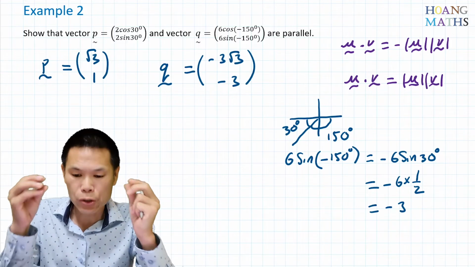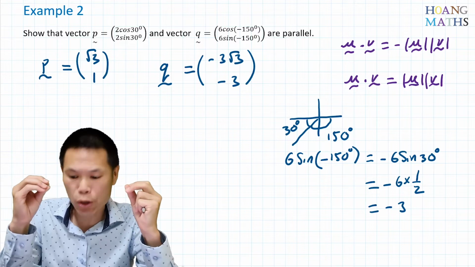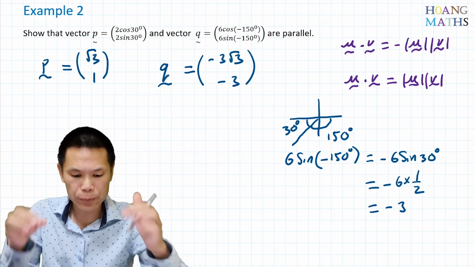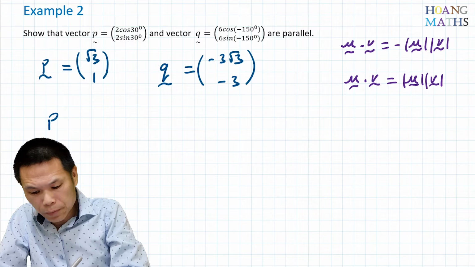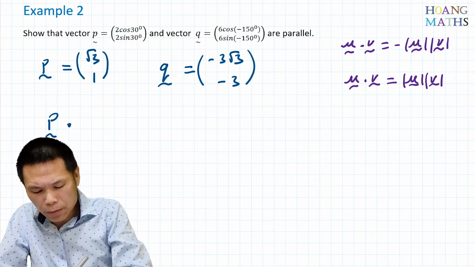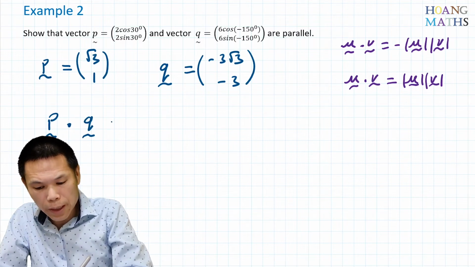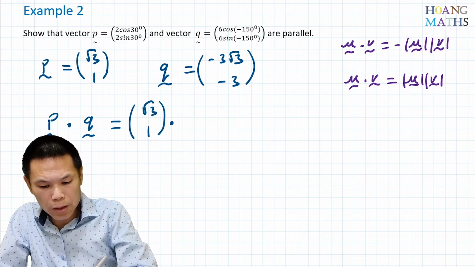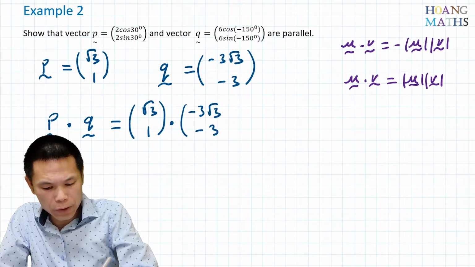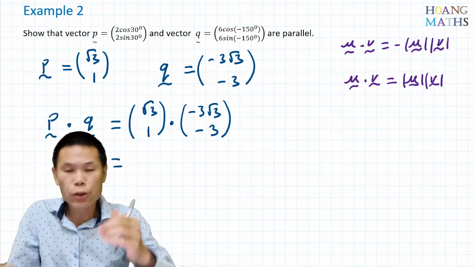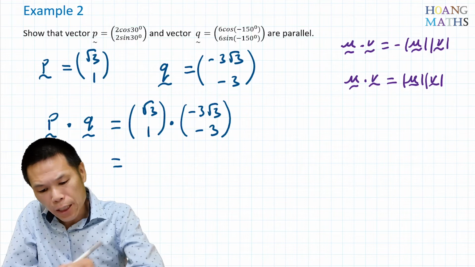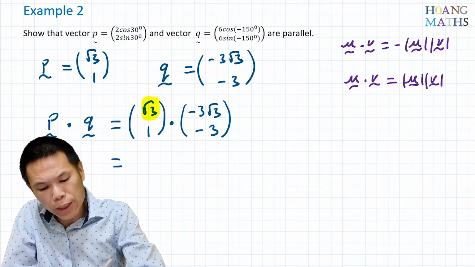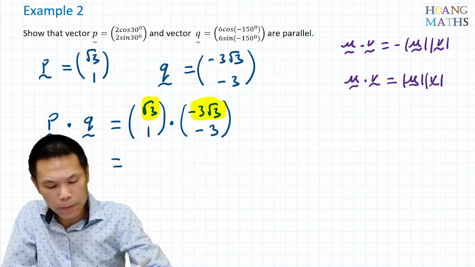So there you go. Now we just need to work out the dot product of P and Q. P dot Q is equal to (square root 3, 1) dot (negative 3 root 3, negative 3). To work out the dot product, we go root 3 times negative 3 root 3.